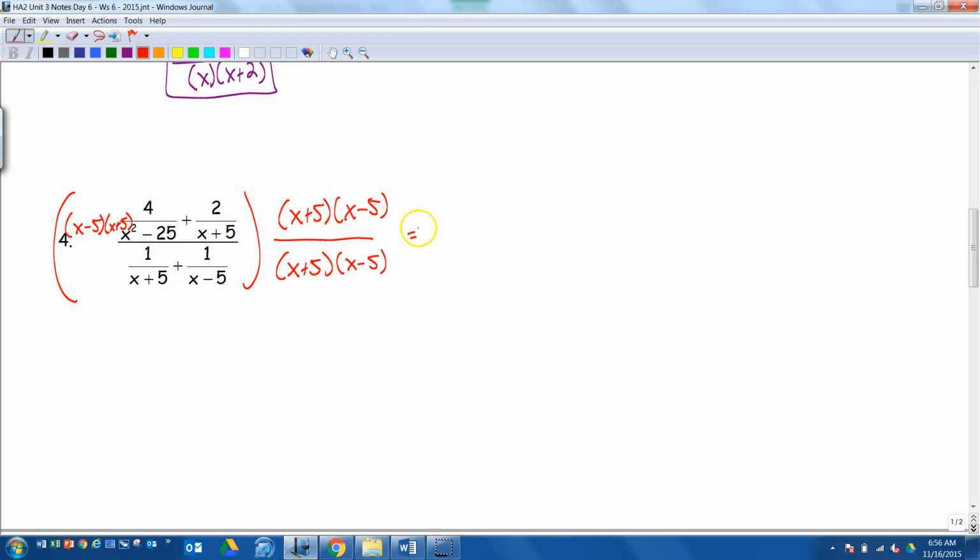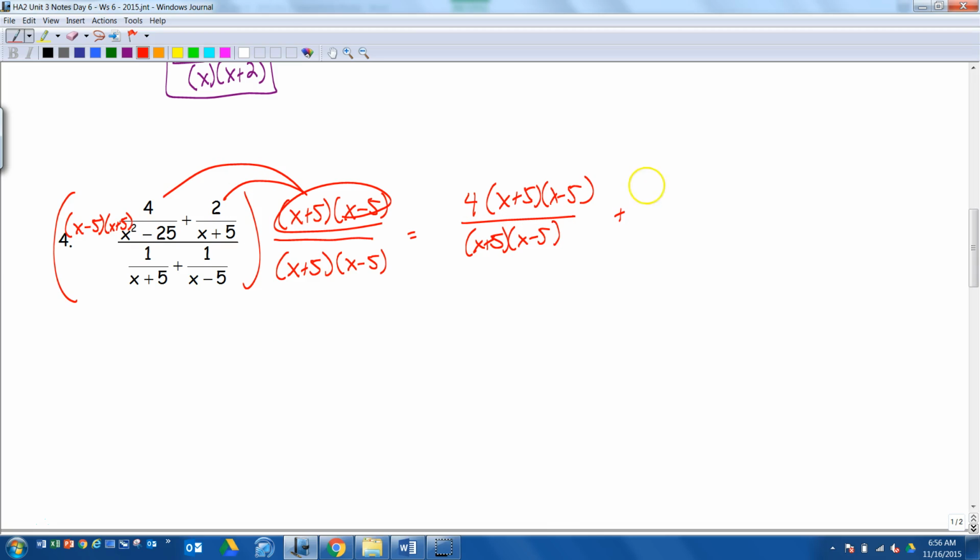And what this looks like, I'm going to write it all out for you. So this piece goes here and here. So we're left with a 4, x plus 5, x minus 5, over, this is still just x plus 5 and x minus 5, plus 2. This also gets multiplied by both the x plus 5 and x minus 5, over x plus 5.